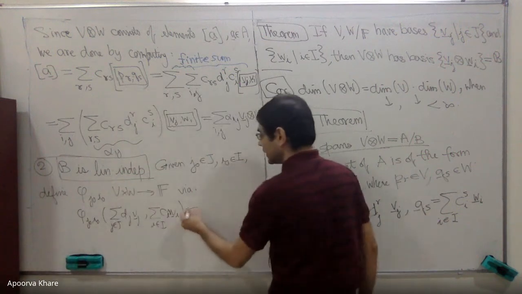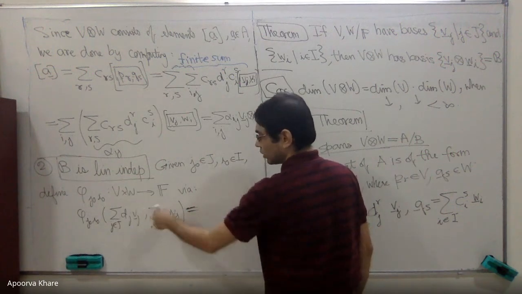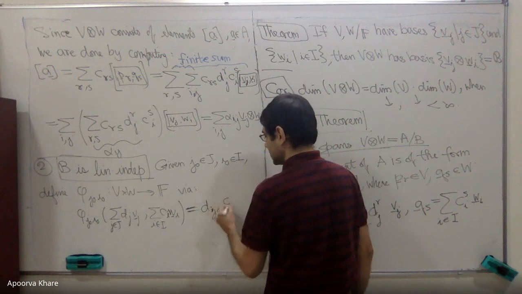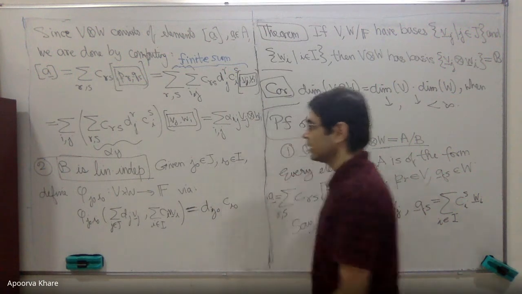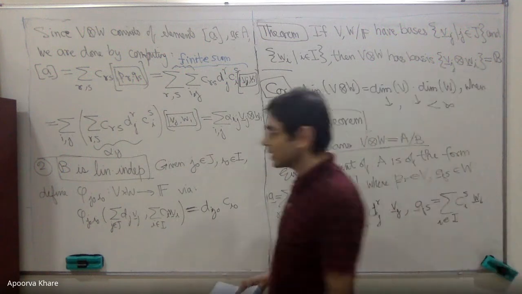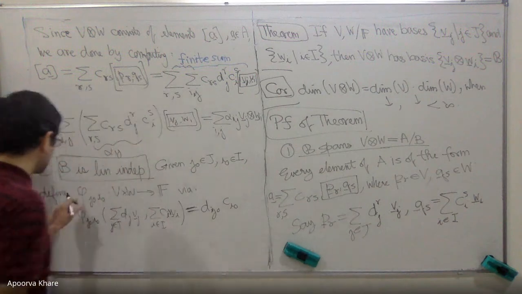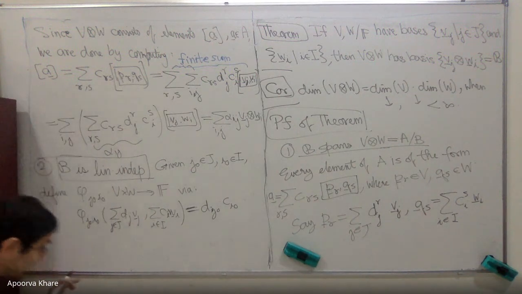And literally all it does is pick out the J naught and I naught coordinates, so it's D_{J naught} and C_{I naught}. Define this map. Once again you can check, and I won't do it this time, I did one of those checks earlier in the proof. Check that this is linear, but this is bilinear.